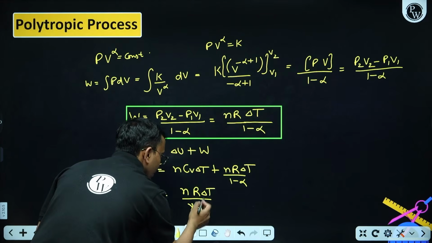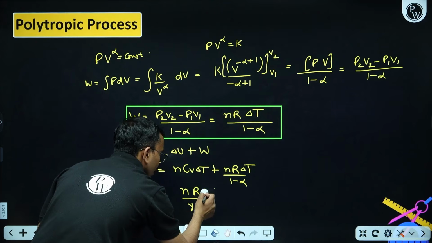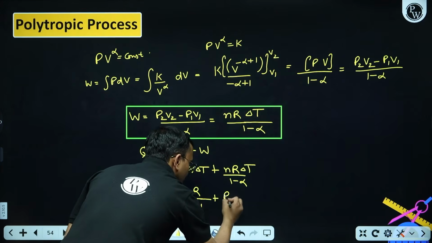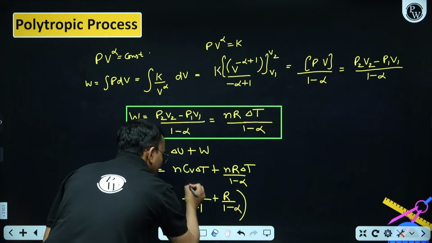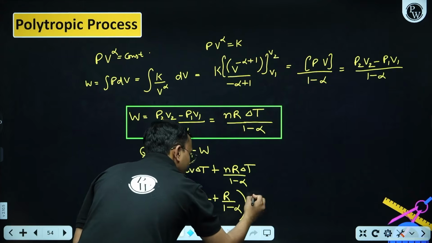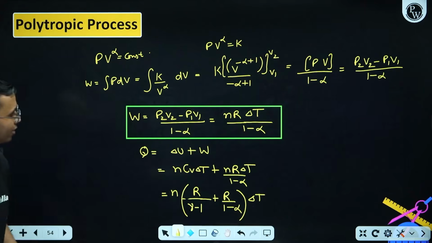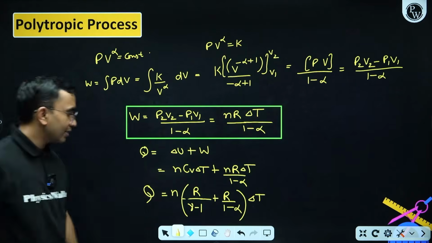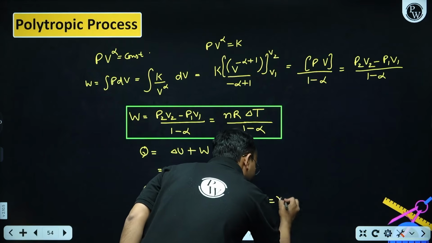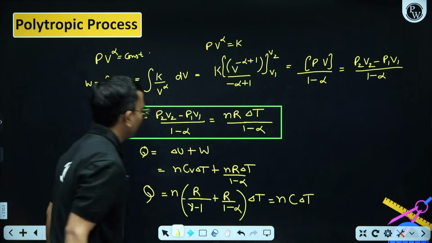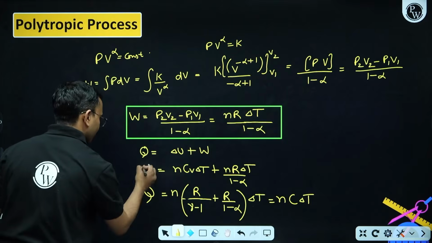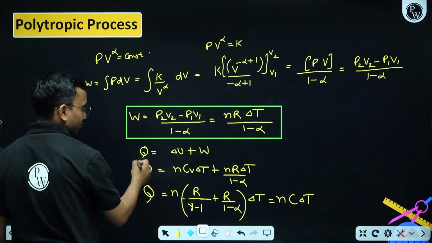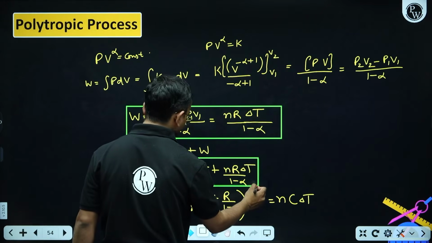Okay, let us take n delta T outside, plus R upon 1 minus alpha into n delta T. This is Q, and we can write this as nC delta T. One thing, you can keep this expression in mind.